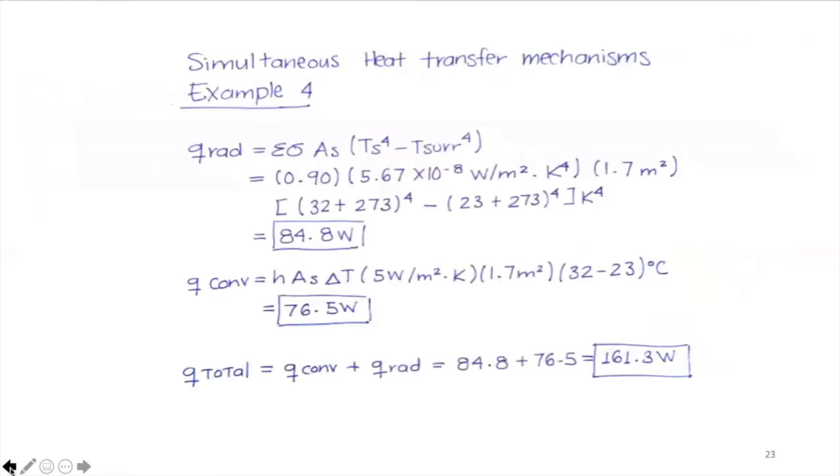So radiation, I got 84.8 watts. Convection, I got 76.5. And total, it will be 161.3 watts.